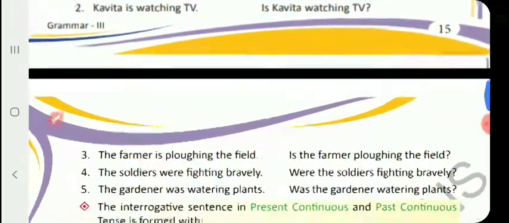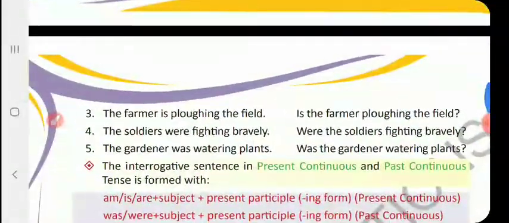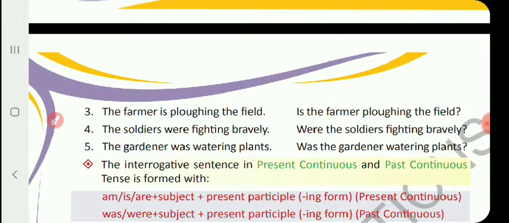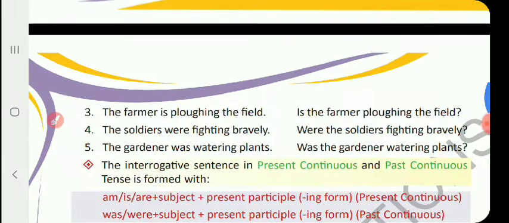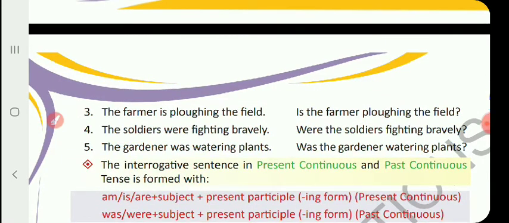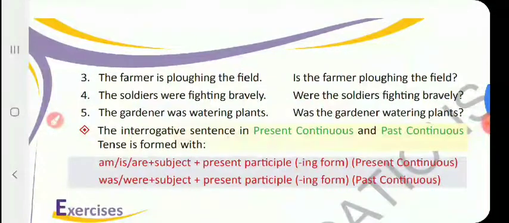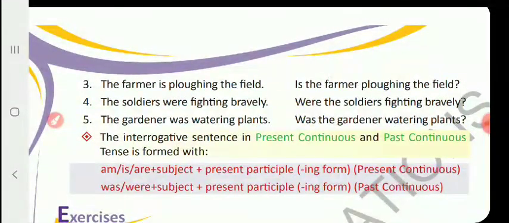So my dear students, if the subject is singular, first write the helping verb is, then subject plus present participle, that is the ing form of the verb. Now, if the subject is I, then take the helping verb am, then subject plus present participle form of the verb.